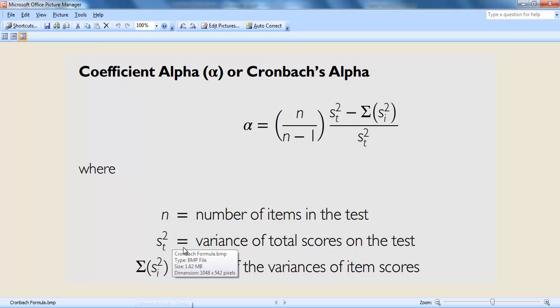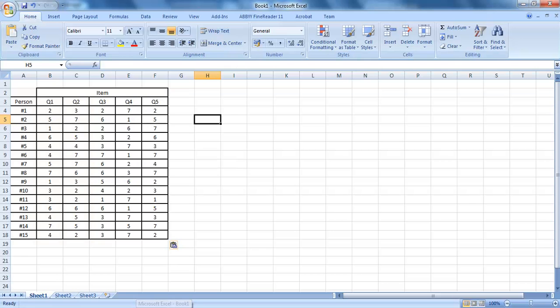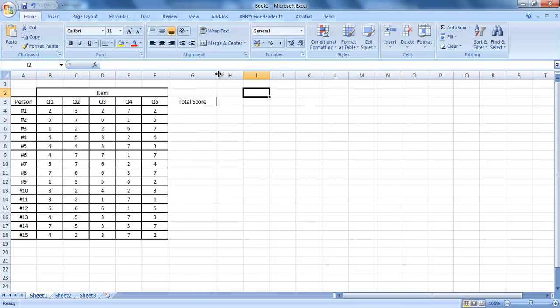Okay? Then we will get the variance of that. So, let us go to our worksheet. So, I'm going to label this as total score.